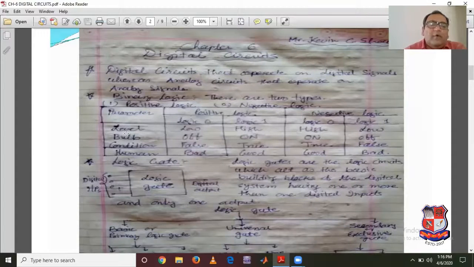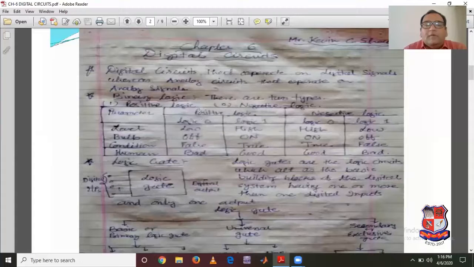Second, and very important, this is related to the input and output, but at the output we are using a bulb. If you connect the bulb at the output, in positive logic, if the output is logic 0, your bulb is considered off, and if the output is logic 1, or the level is high, the bulb becomes on.